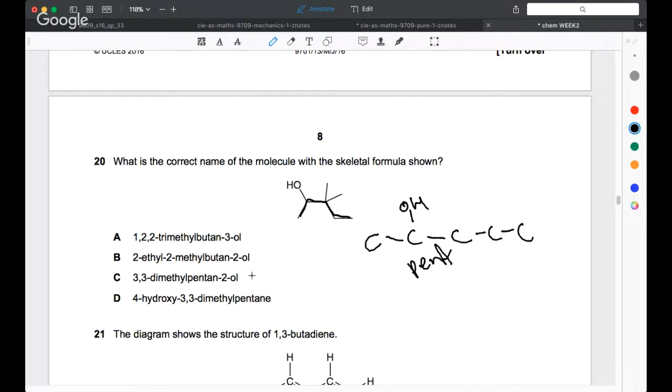Yeah, that makes sense. So what about D? Well, it's hydroxy. It's an alcohol. If it would be 1, 2, 3, it doesn't make sense.